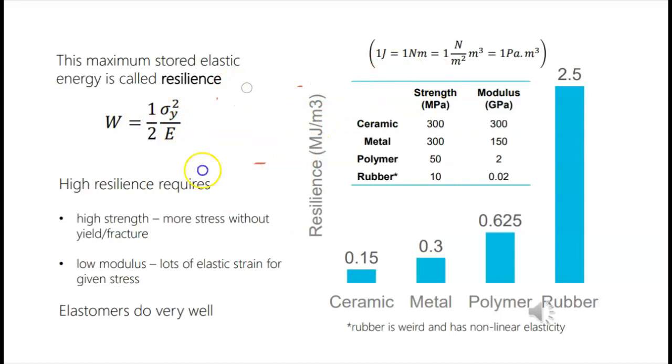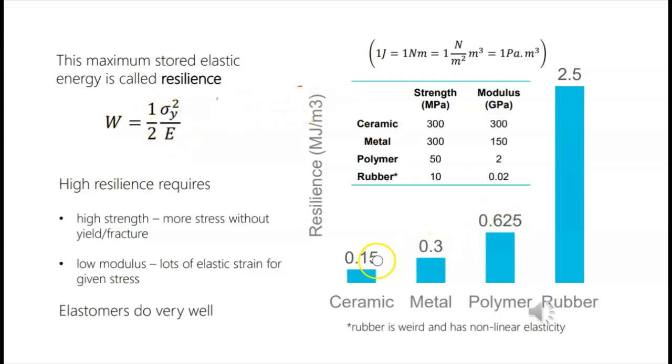If there is high resilience, the material can absorb more stress without yielding. It's not going to yield. If the material has a very high value of modulus, then the resilience will become less, because now you're dividing by a high value, so the resilience will reduce.